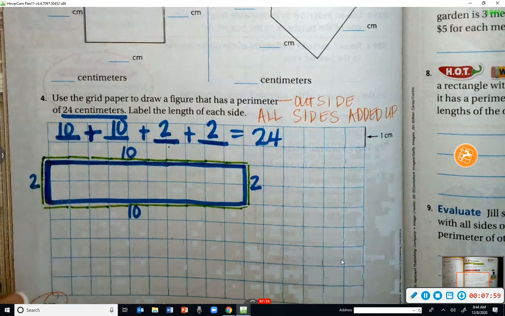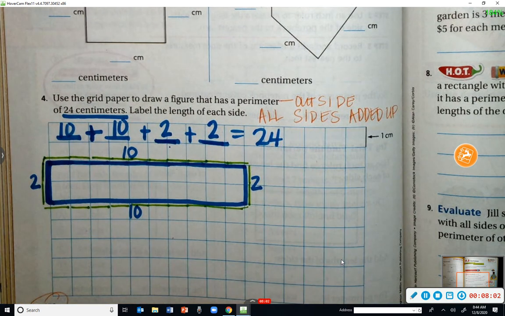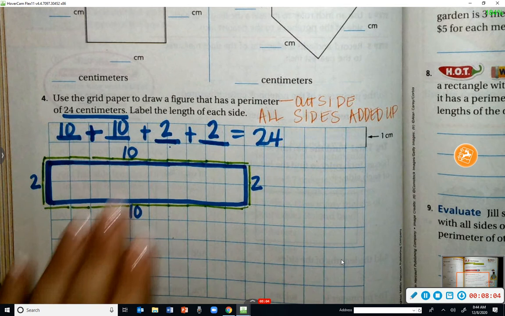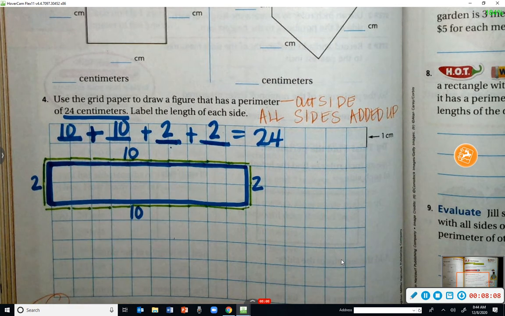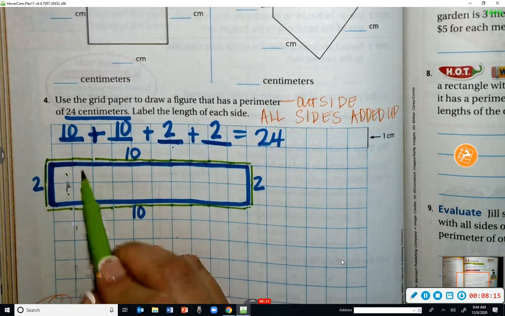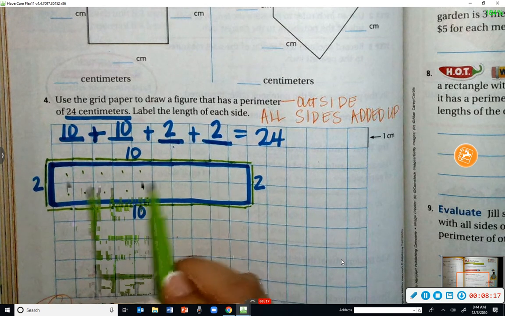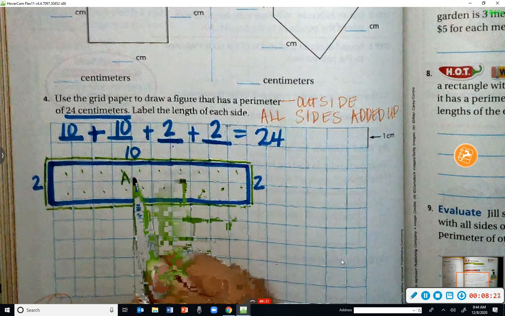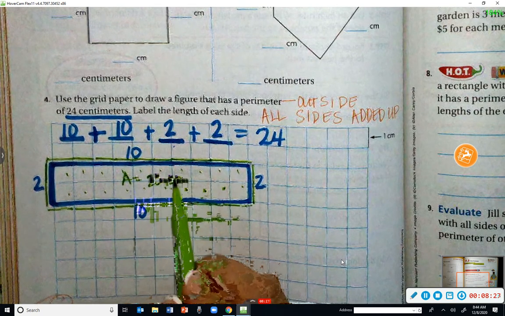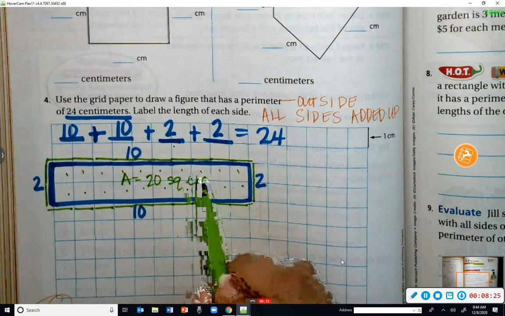Okay? So around the outside it was 24, but for the inside it was what? 20. Okay, so see the difference? Perimeter goes around the outside. Area was all the squares on the inside. 1, 2, 3, 4, 5, 6, 7, 8, 9, 10, 11, 12, 13, 14, 15, 16, 17, 18, 19, 20. So the area is 20 square centimeters.